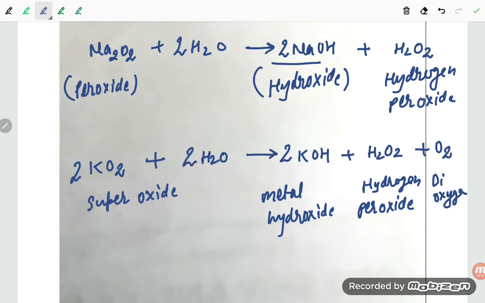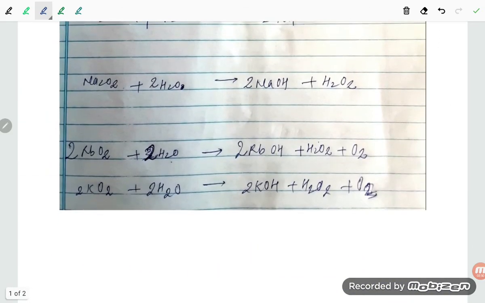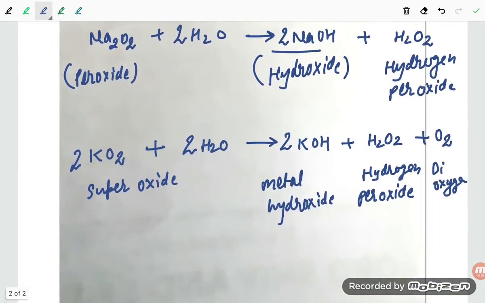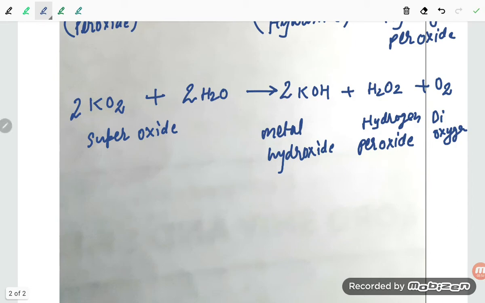So you put 2 here. Now check the oxygen: 2, 2 is 4, 4 and 2 is 6. Hydrogen is 4 on both sides, oxygen is 6, potassium is balanced, and everything is balanced.